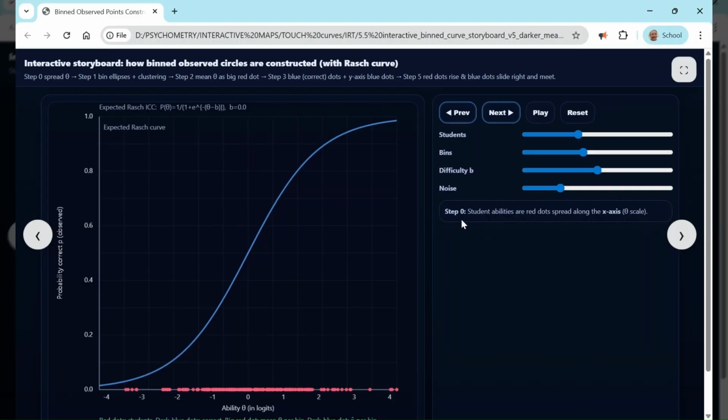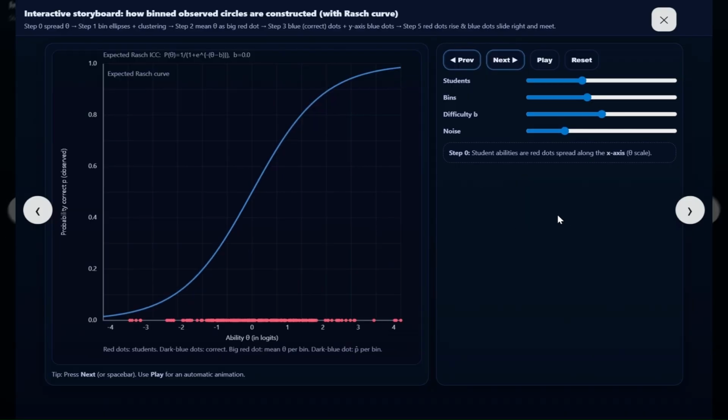Okay, so now, as I said before, we come to a very important concept, which is the concept of fitness, or fitting to the Rasch model. When we have a test and the test is completed and we are going to do psychometrics, we have the student responses.